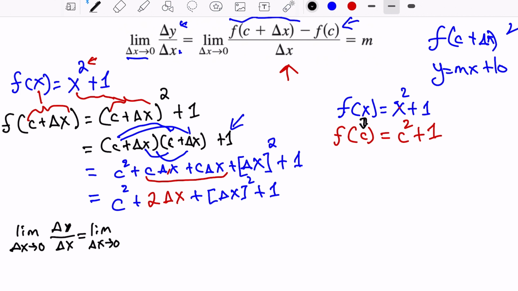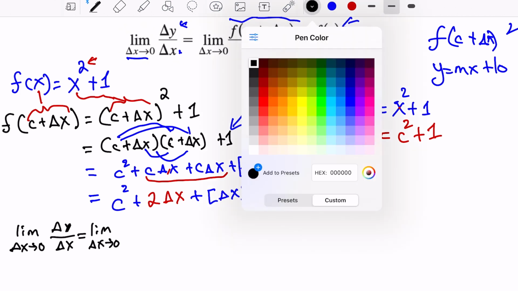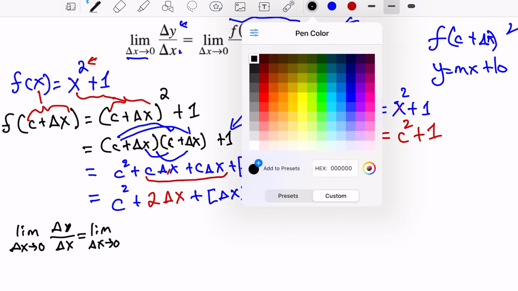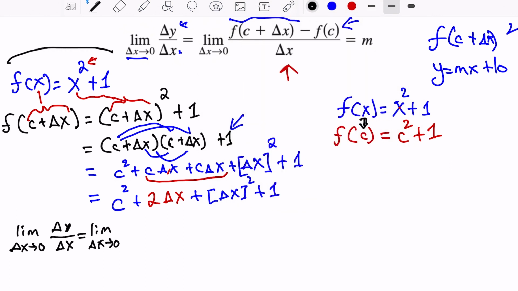Now that I know that I have that term here, as you can see, this is f of c plus delta x, and it's down here already. So all I need to do is, instead of saying f of c plus delta x, I'm just going to notate c squared plus 2, okay, yep, I think I'm missing something.